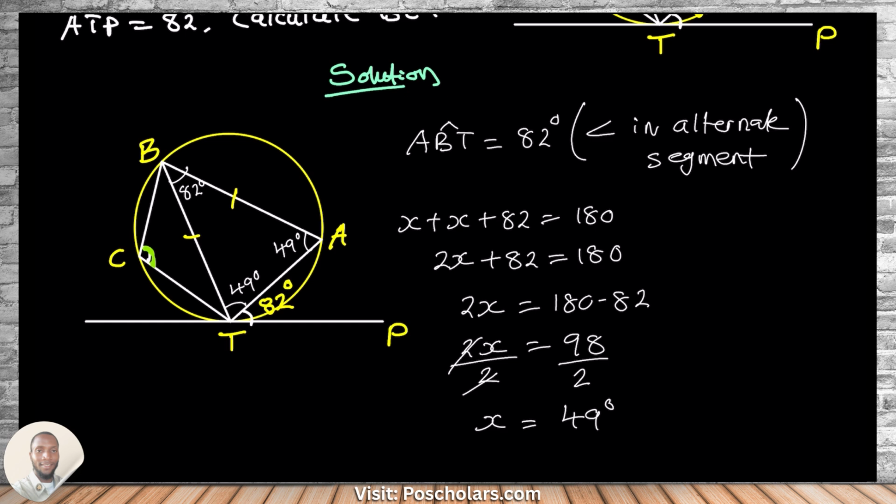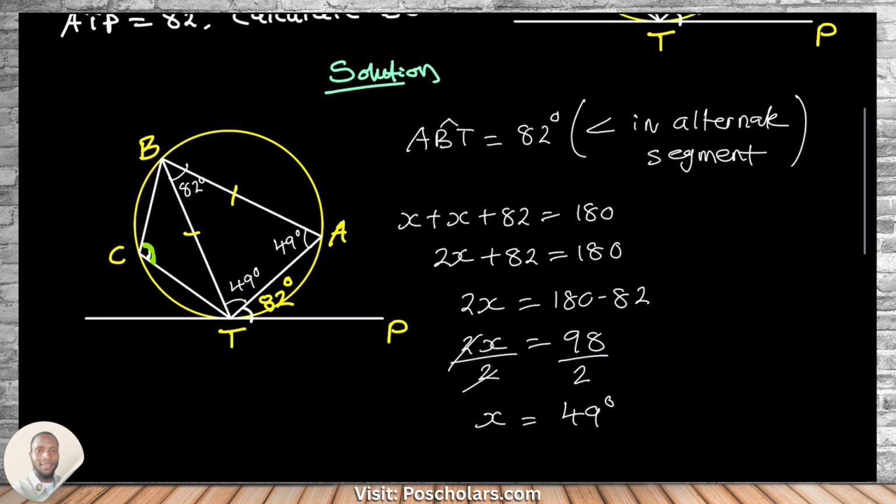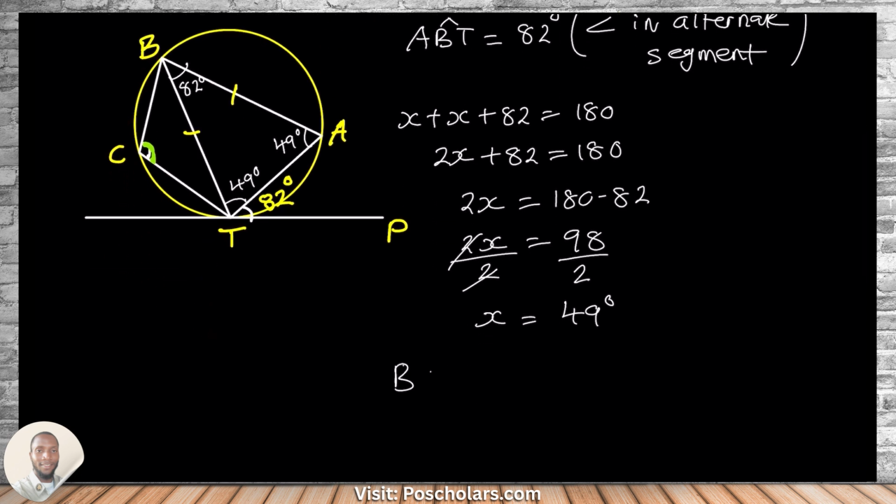So one theorem says opposite angles in a cyclic quadrilateral are supplementary. Add this angle and this angle, it must sum up to 180 degrees. So this angle is angle BCT. So write it. Angle BCT plus 49 equals 180 degrees. What's the reason? Supplementary angles.